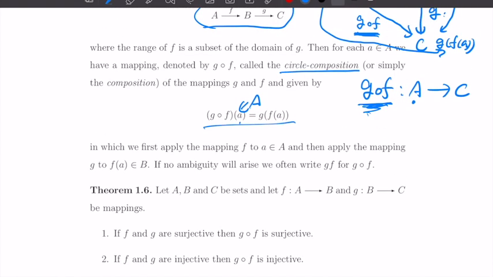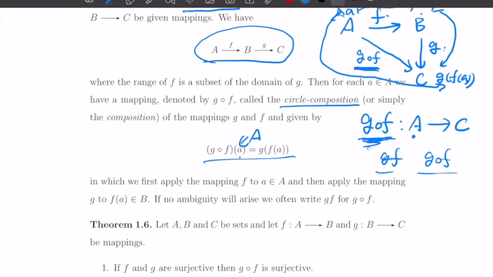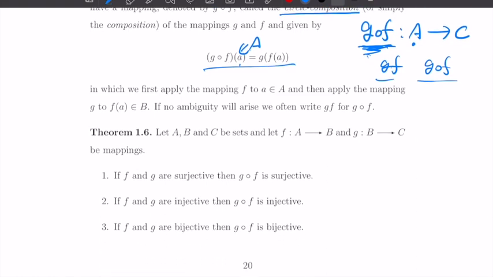And if there is no ambiguity, we simply write gf instead of g circle f. Same thing. So this defines a binary operation between two mappings.